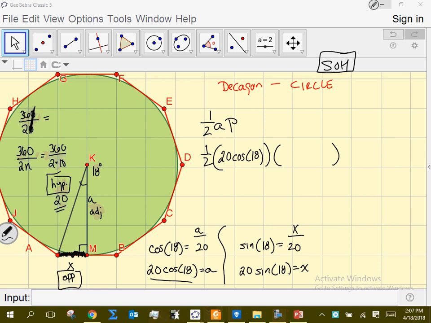So I'm ultimately multiplying it by 20. Okay. So multiplying by 20 will turn that small value of x into my perimeter. So that turns into 400 sine 18, and that is your perimeter.